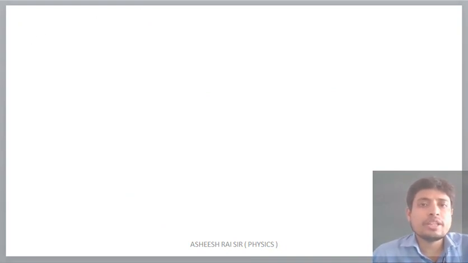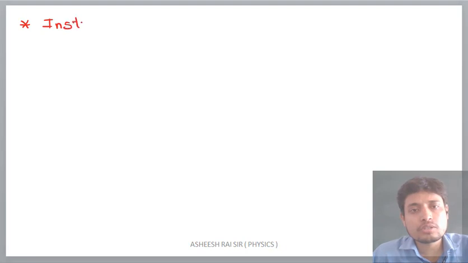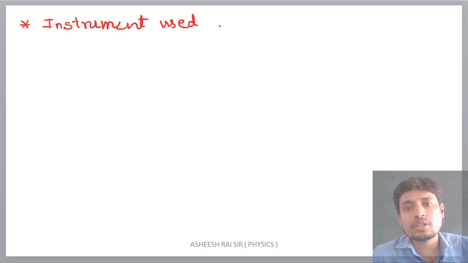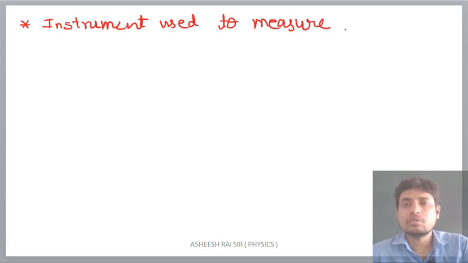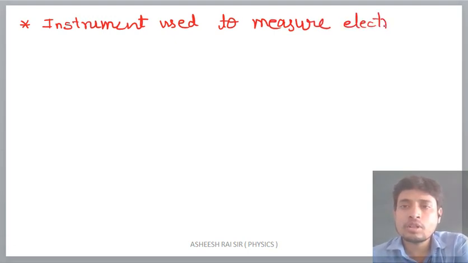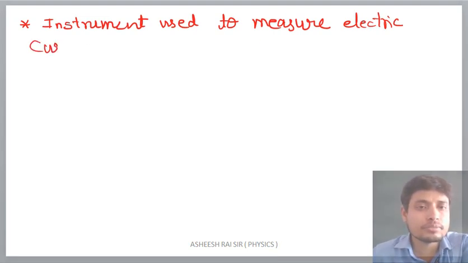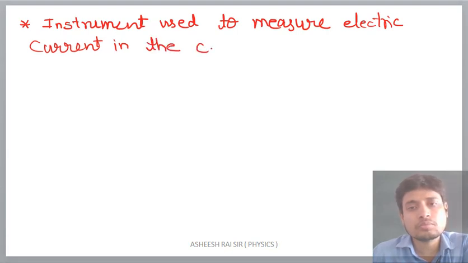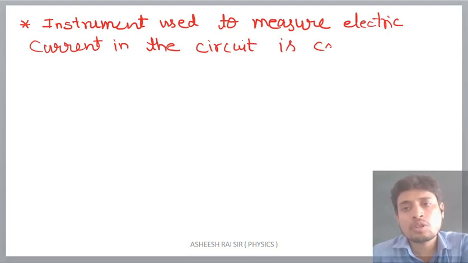Now, the instrument which is used to measure the electric current in the circuit is called an ammeter.